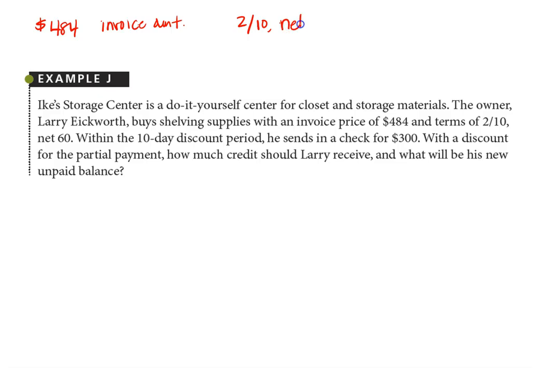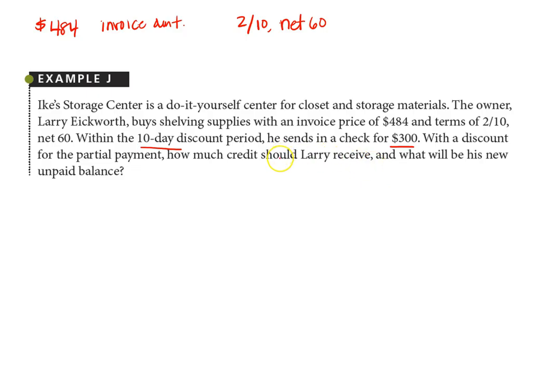So they have 10 days to get that 2% discount, and then their bill is still due within 60 days of the invoice date. And so let's say that within the 10-day discount period, he sends in a check for $300. So with a discount for the partial payment, how much credit should he receive? And what is going to be his new unpaid balance?